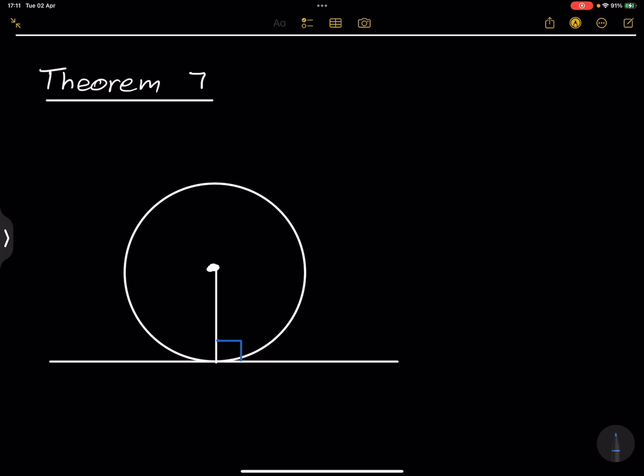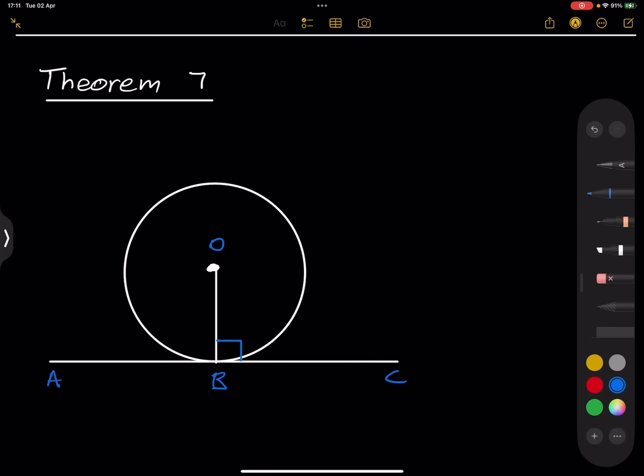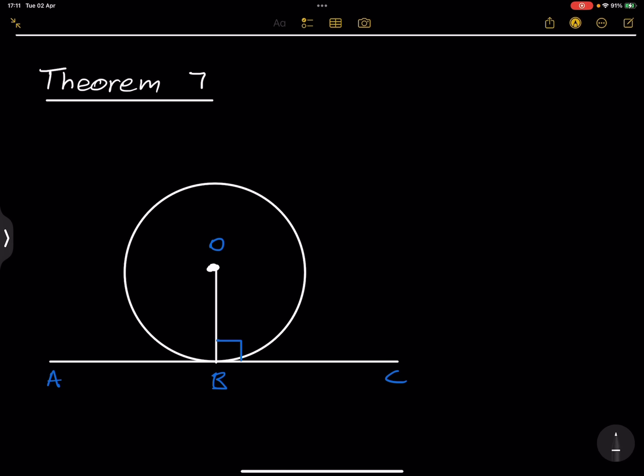In this case, if we've got, let's say, O, and that is our line A, B, C. If I know that OB is definitely the radius, and AC is the tangent to the circle, then I can conclude that therefore OB is perpendicular to AC.